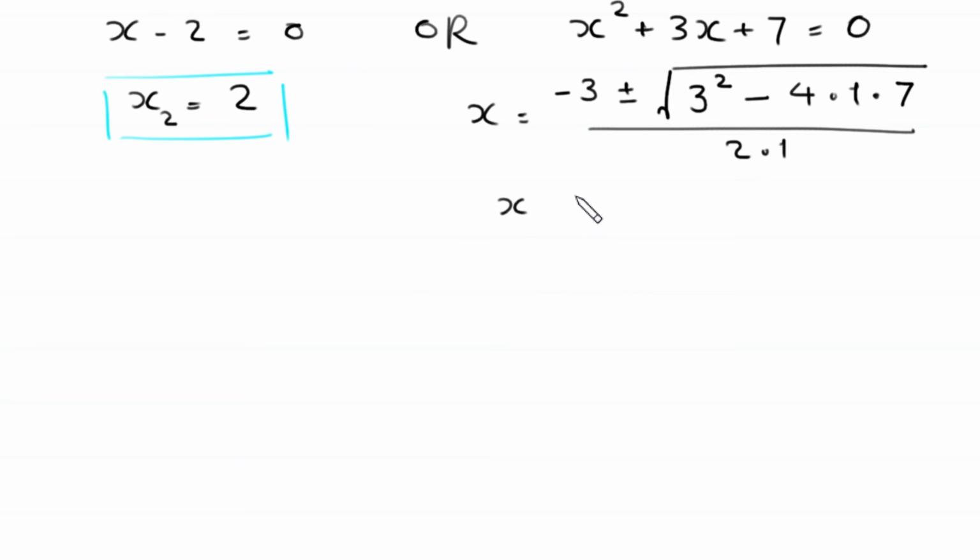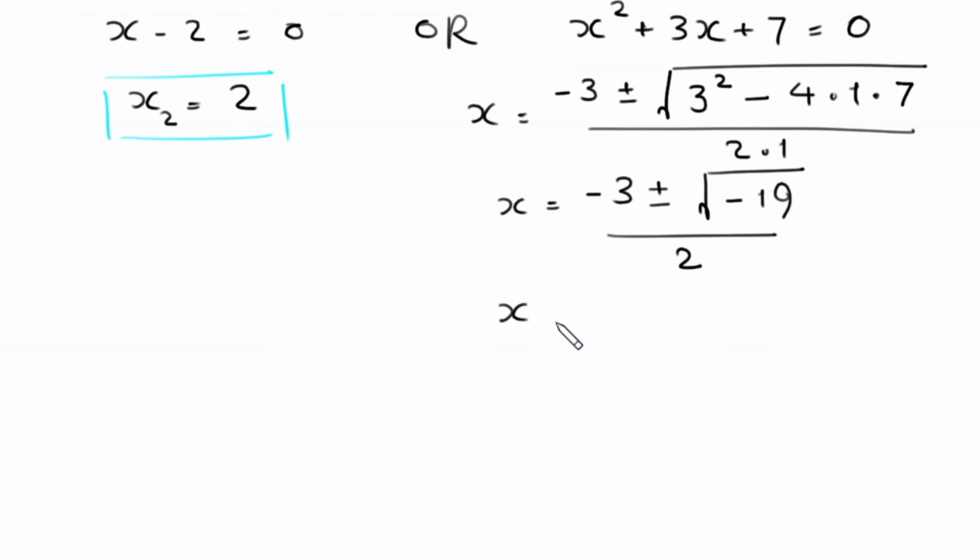Next, x is equal to negative 3 plus or minus square root of, this is 3 squared is 9, negative 4 times 1 times 7, negative 28. Negative 28 plus 9 will become negative 19, divided by 2 times 1, 2.